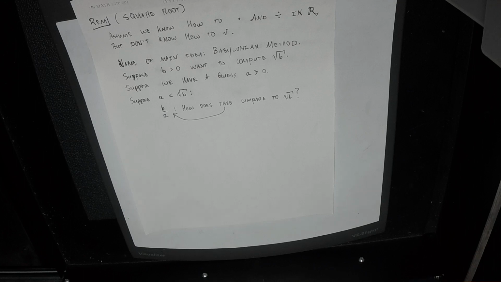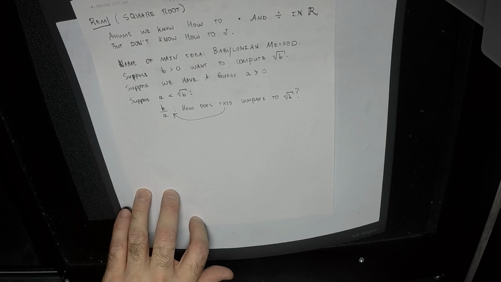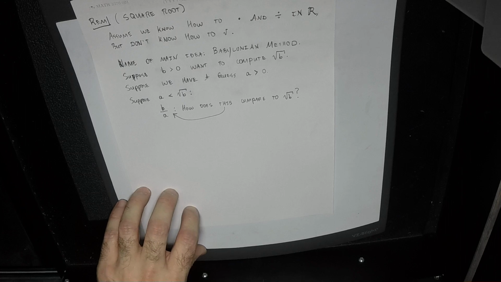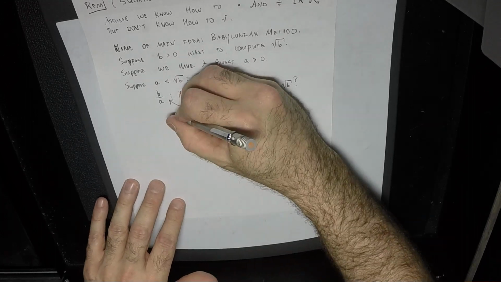Okay. So let's have a look. Can you explain why? Because b divided by root b is root b. So if you divide b by a number greater than root b, it's going to be less than root b. Okay, so let's write it out carefully. I agree with what you said.